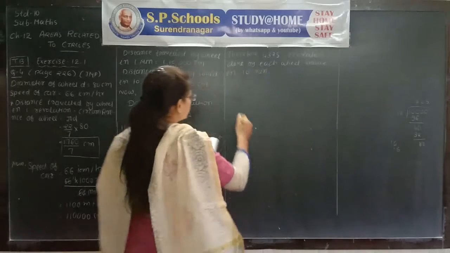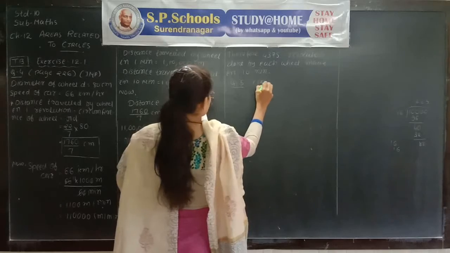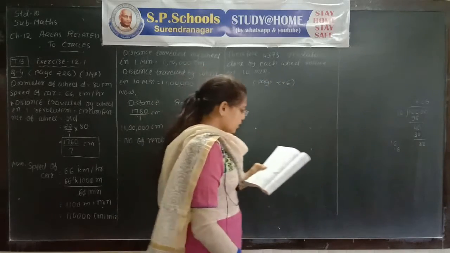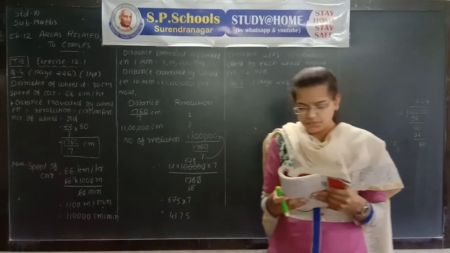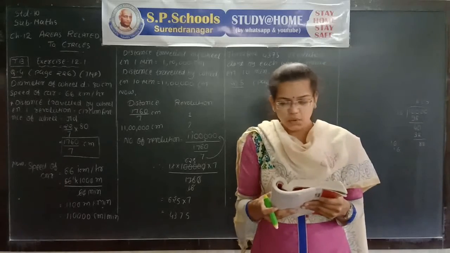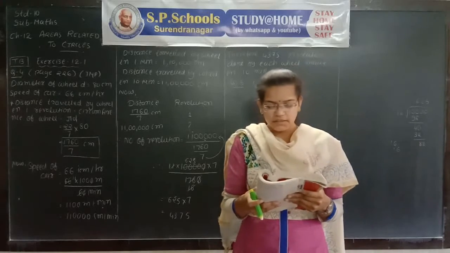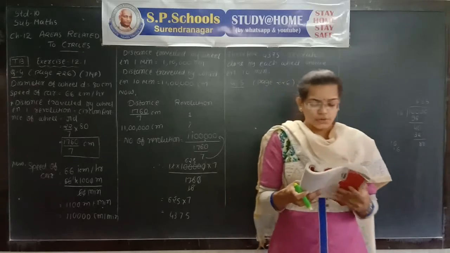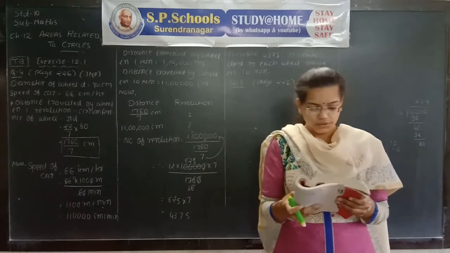Now we discuss the next, fifth number, on page number 226. Choose the correct answer in the following and justify your choice. If the perimeter and the area of a circle are numerically equal, then the radius of the circle is blank. There are 4 options: 2 units, pi units, 4 units and 7 units.